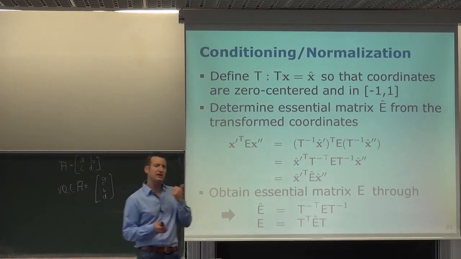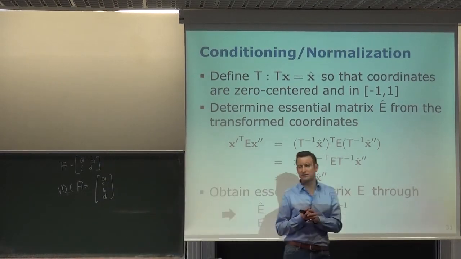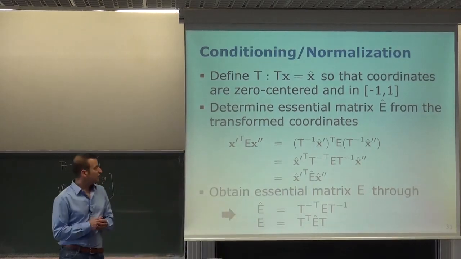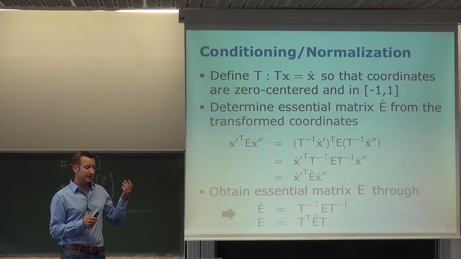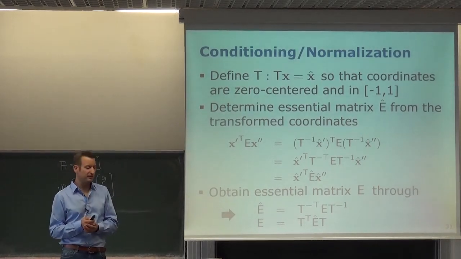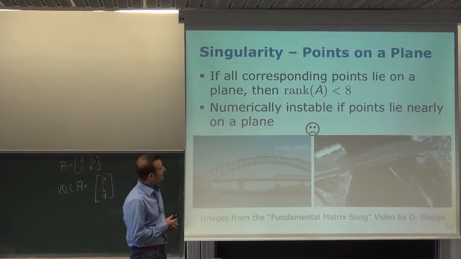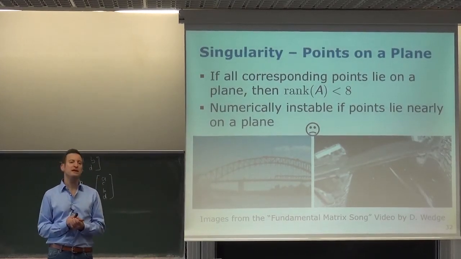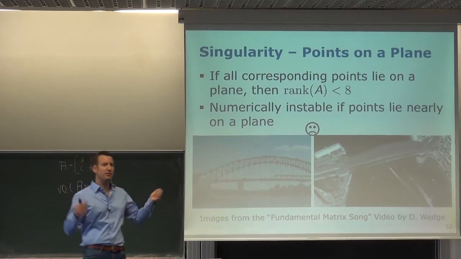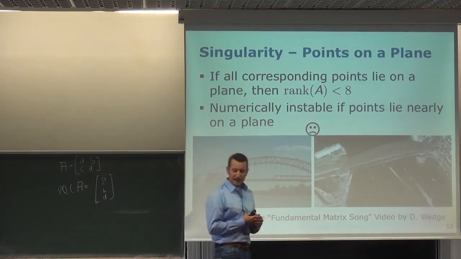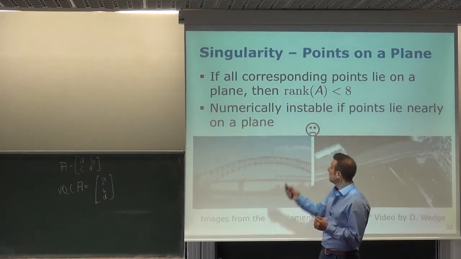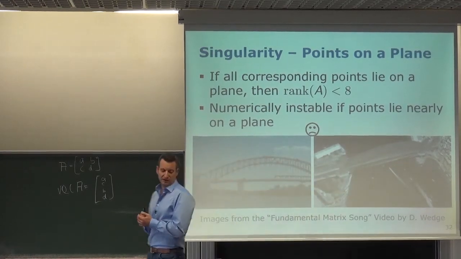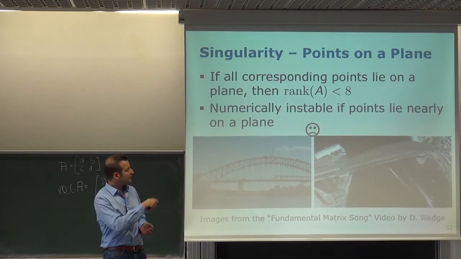So this is one of the normalizations that I need to do. There are, however, some situations where I can't obtain a solution. One of the situations where we have the singularity is if all the points lie on one plane. So if all the corresponding points that I pick lie on one plane, this matrix A may have a rank which is smaller than the degrees of freedom.